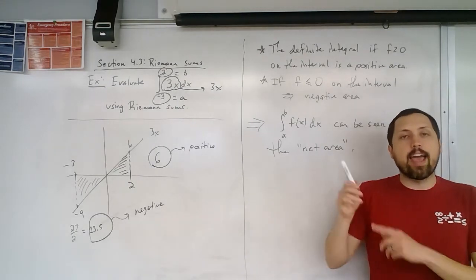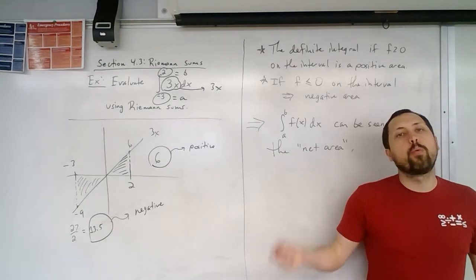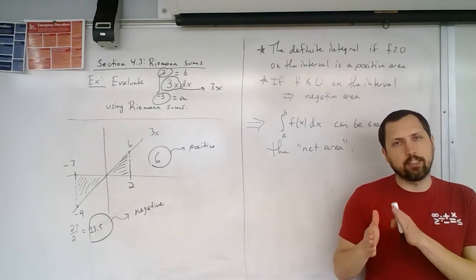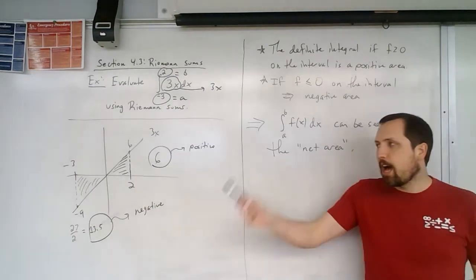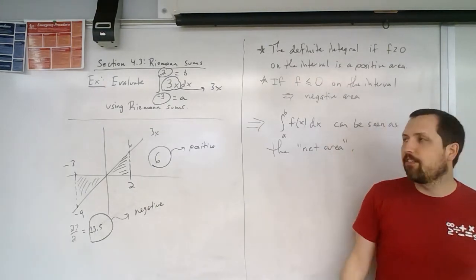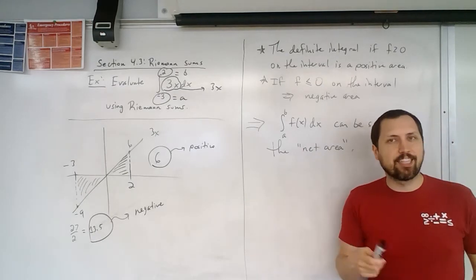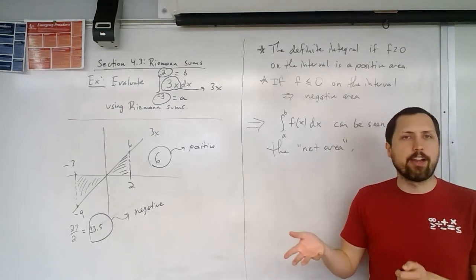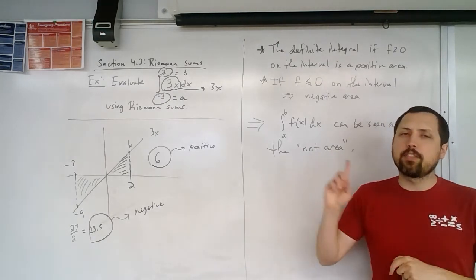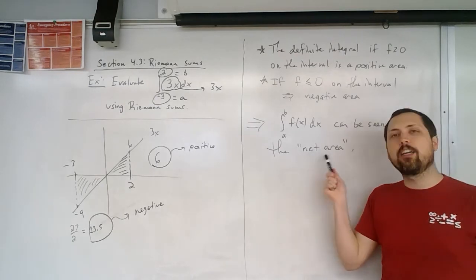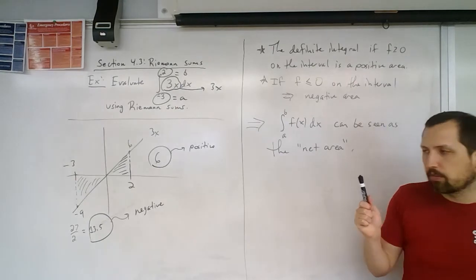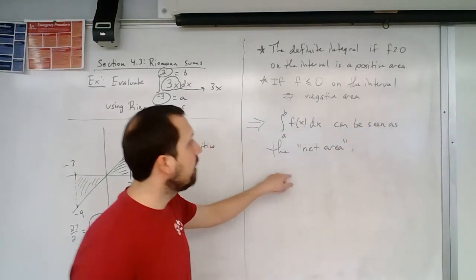When we looked at areas in section 4.2, we had to make sure that it was always positive. We only defined it for positive functions. But if I allow myself to potentially be negative, then this no longer makes sense anymore because it doesn't make sense to talk about negative areas. But we'll see why we can use that in the future and why this idea of a net area is very powerful.